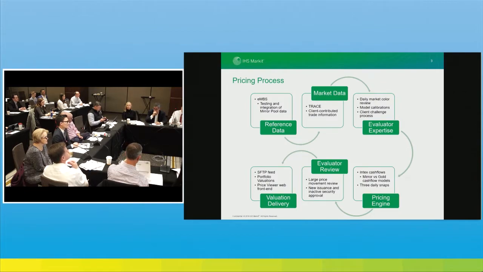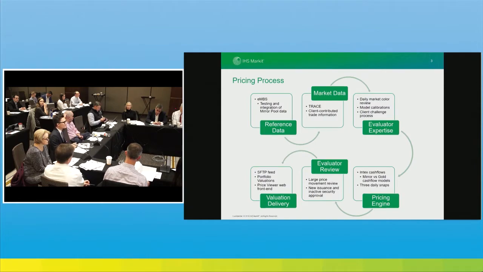Specifically with regard to single security, back earlier this year in August, when the first mirror pool data was released by EMBS in conjunction and cooperation with the agencies, that information was made available to us and flowed through our systems, at which point we began our data QC and diligence process.